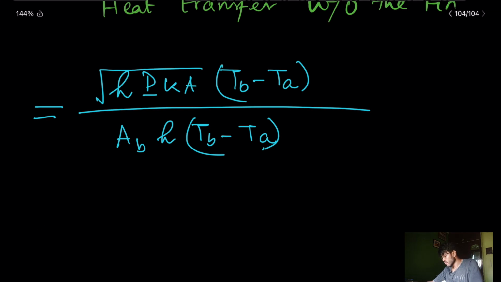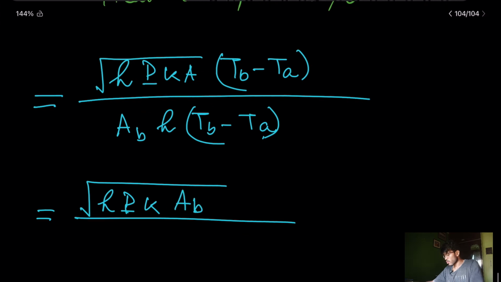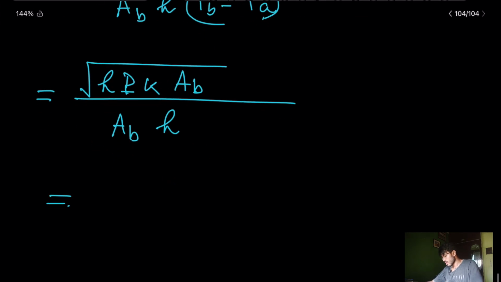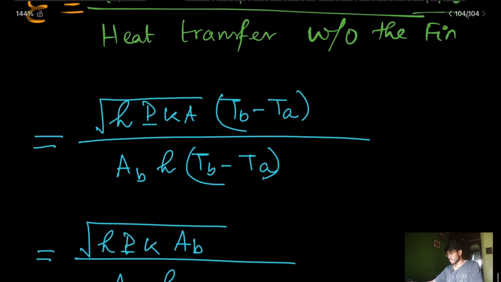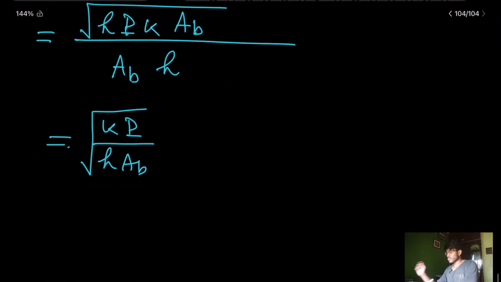Now if I perform this, then this will be H into P into K. Now this area is the same as the area of base for a constant cross section fin, right? So K and P are there, this will be H and AB, root over of this, right? So this was the effectiveness for this.